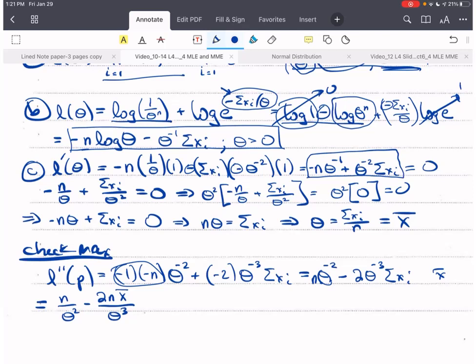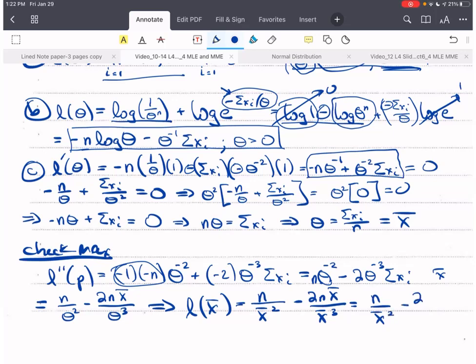So now, this implies L double prime of x bar is equal to n over x bar squared minus 2n x bar divided by x bar cubed. I can simplify that. I have n over x bar squared minus 2n over x bar squared.